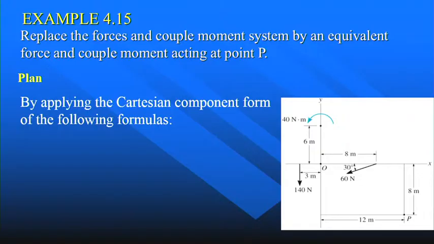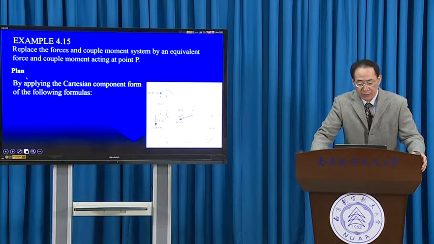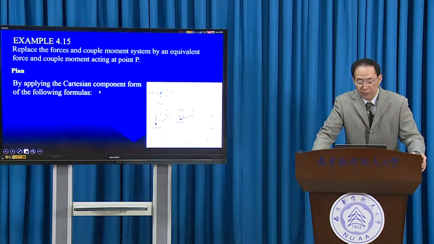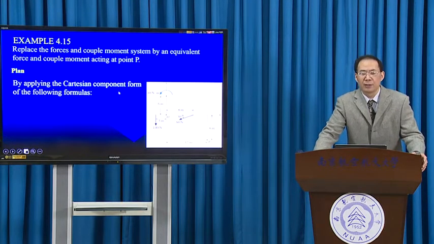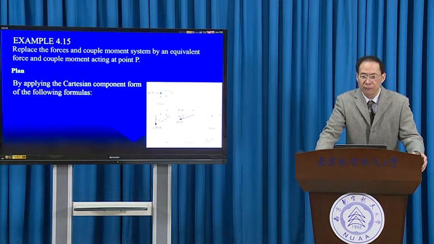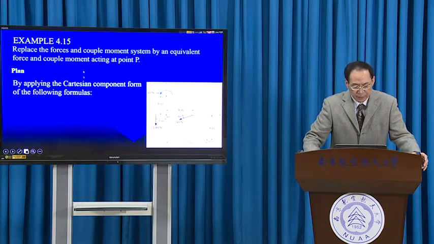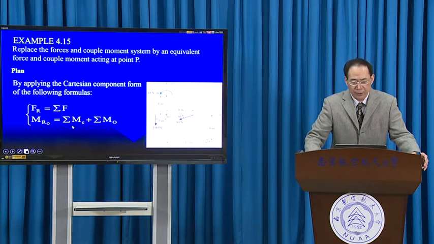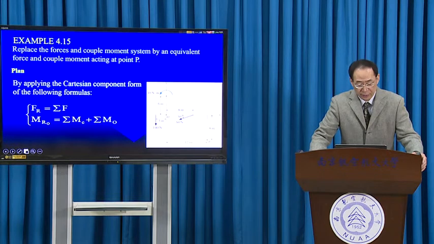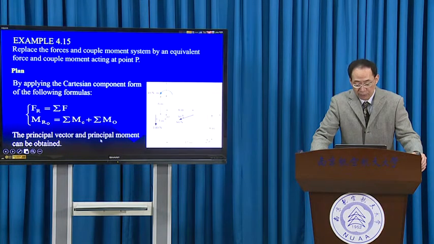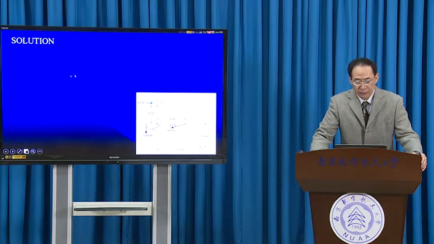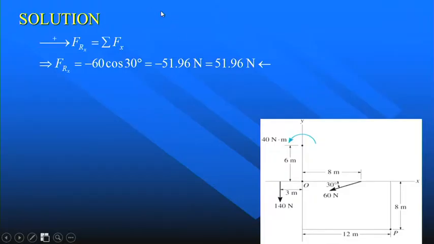Because this is a coplanar force system, we can use the Cartesian components to represent the principal vector and the principal moment. Use these two formulas. The principal vector and the principal moment can be obtained. Now, solution. Use the Cartesian vector components.